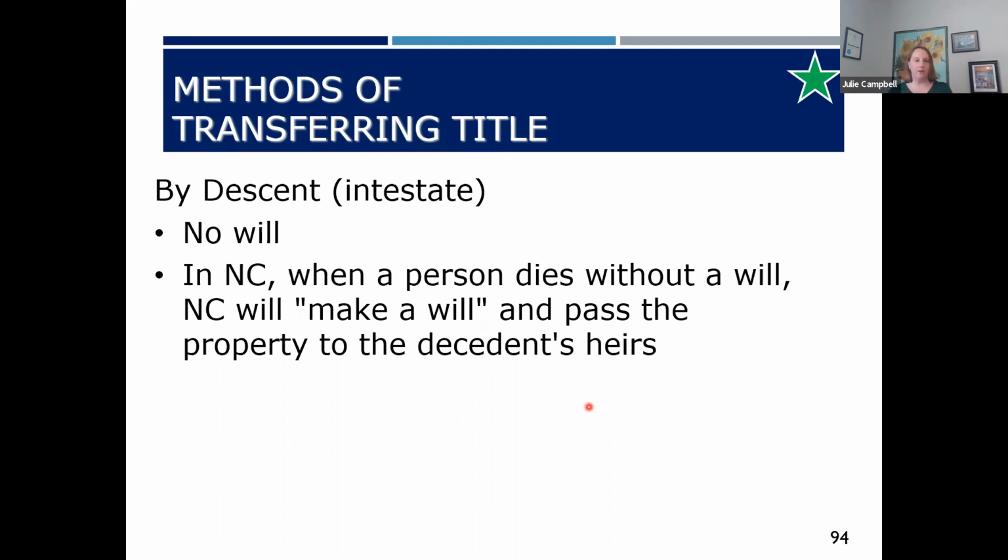Descent is no will. If there's not a will, the state may try to make an effort to find heirs. If they can't find any heirs, they may take it by escheat. If they can find heirs, they will transfer that title by descent, also known as intestate succession.